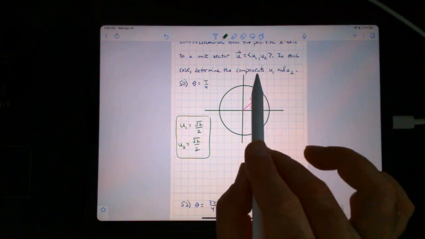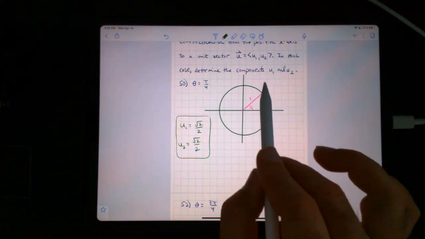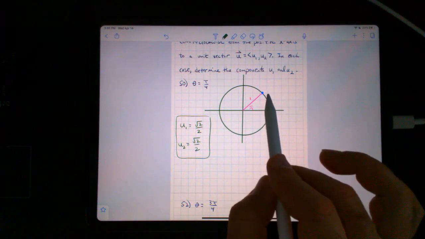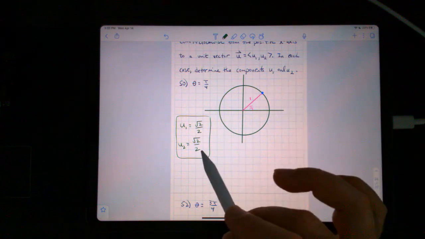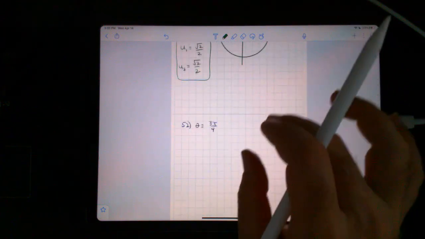So determine the components u1 and u2. It's not asking for a coordinate point. Otherwise, I would have put the notation different. The components u1 is this, u2 is this. Okay.